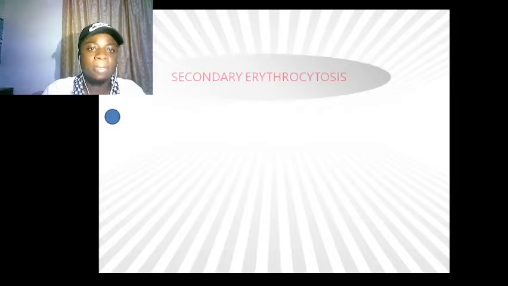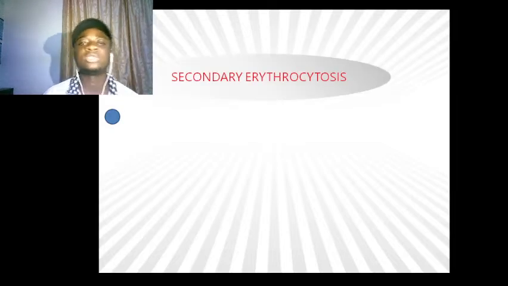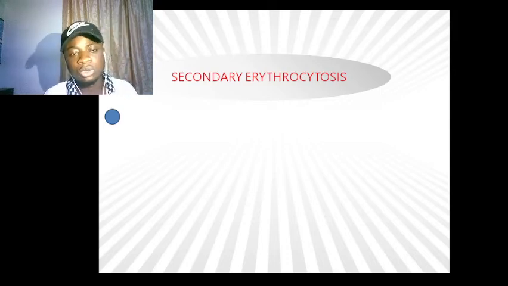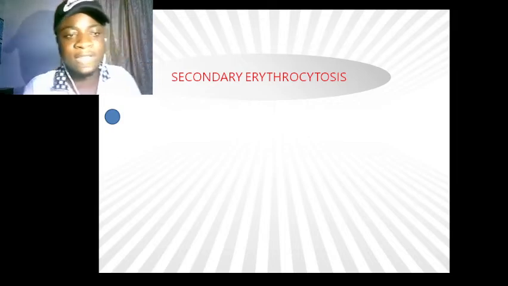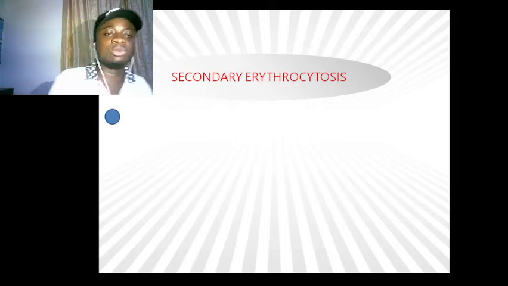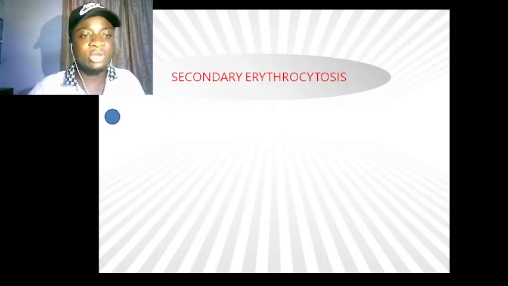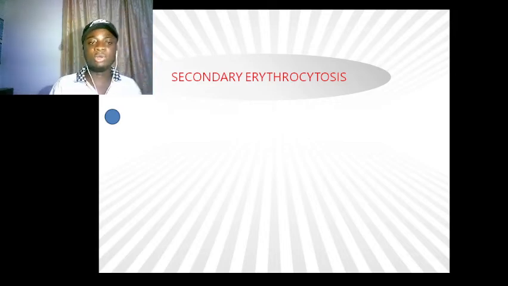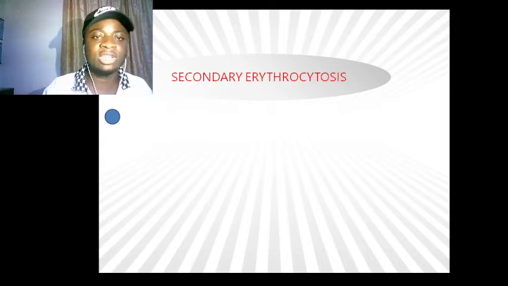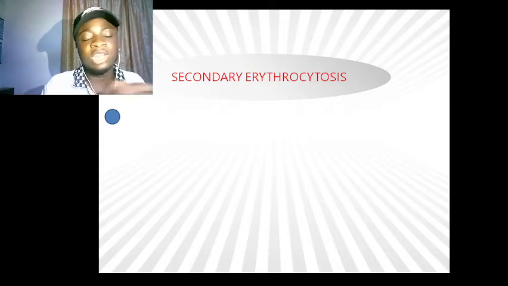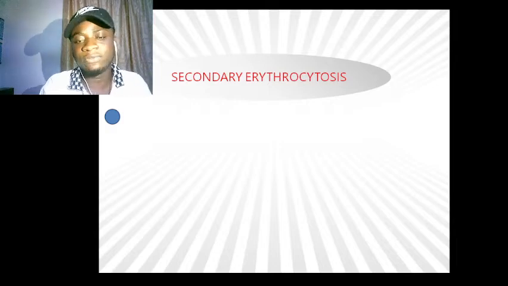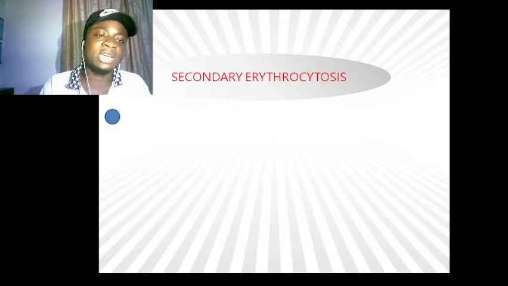Okay, so let's talk about the secondary erythrocytosis. Now we know the pseudo erythrocytosis. Remember I said the absolute polycythemia can be grouped into two, okay, the primary and the secondary. For the primary, we know the cause, that it is as a result of the erythroid progenitor cells, and we've spoken about the relative, which is the pseudo polycythemia and the causes.